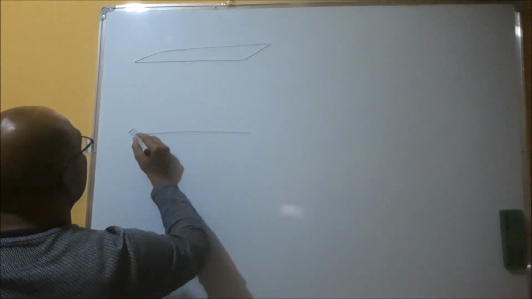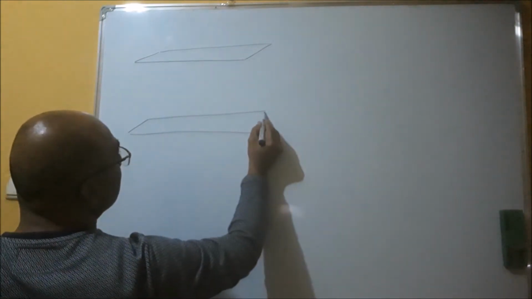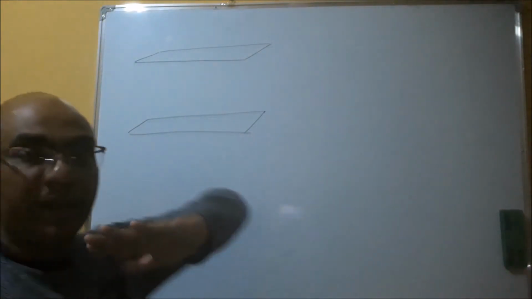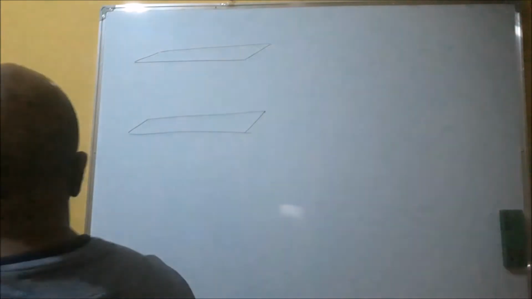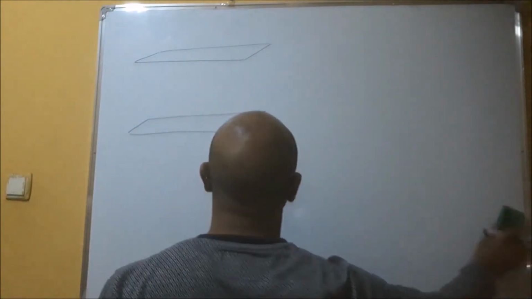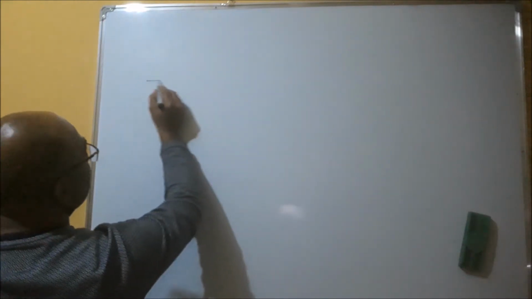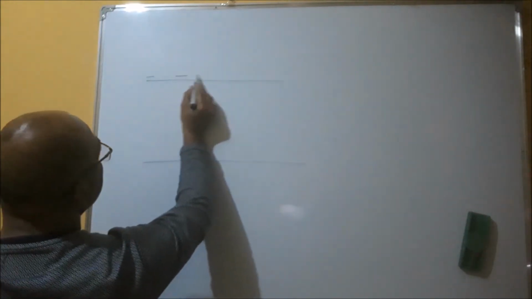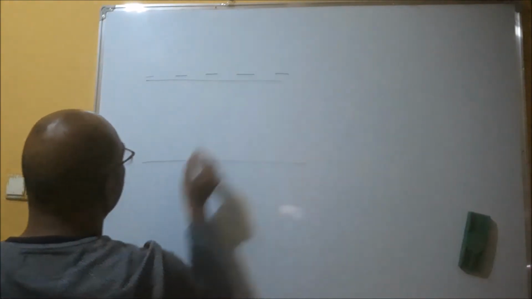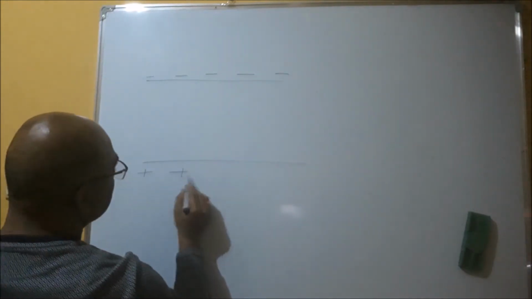So we have two plates, and let me draw the same thing again with a single line. Suppose this is negatively charged and this is positively charged.